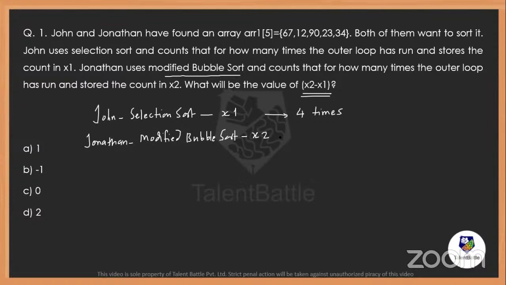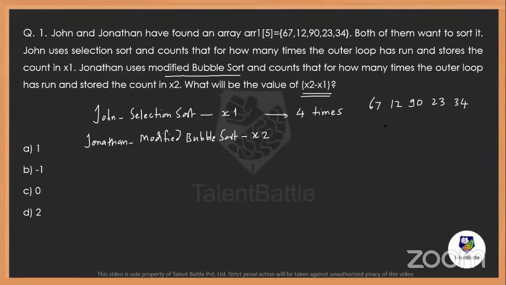Taking the same example: in pass 1, we find the smallest element out of 67, 12, 90, 23, and 34. These are the given elements. We find the smallest element from the remaining 4 elements.